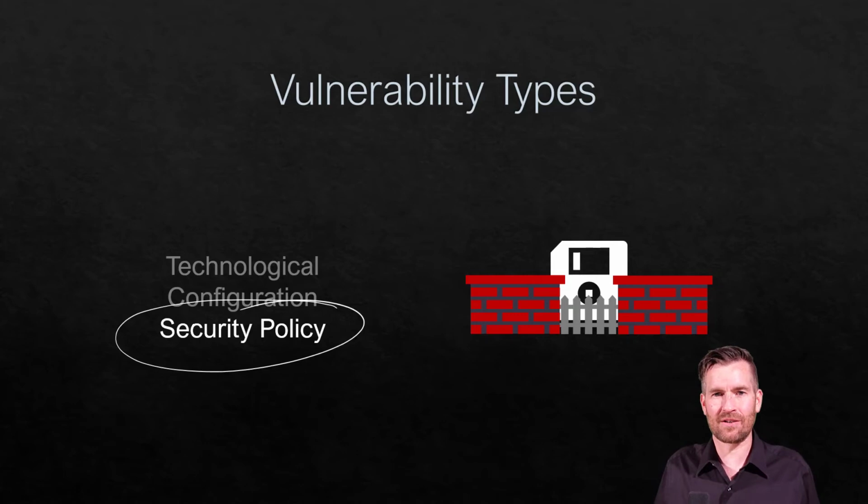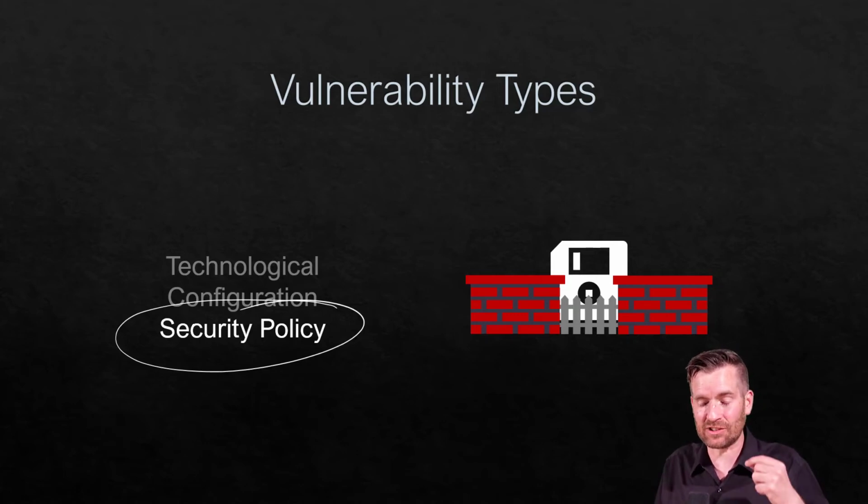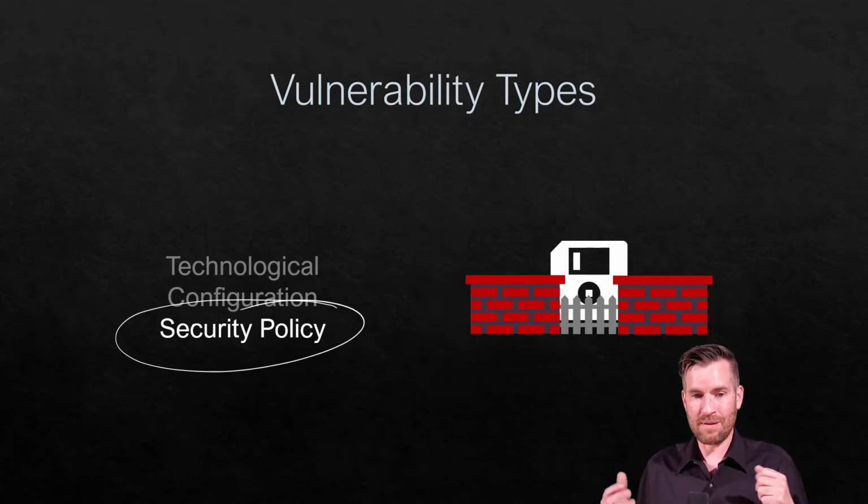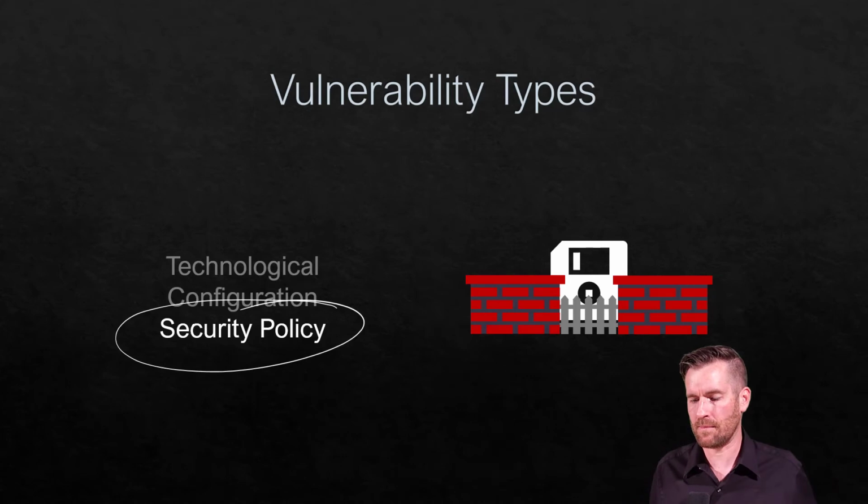Or maybe those security policies exist, they're just not clear, or they're not specific enough. Or perhaps you're not educating people on those security policies. Maybe they're incomplete and they're only halfway written. Maybe people know what the security policy is, they just don't follow it. And I've definitely seen that in companies a lot before.